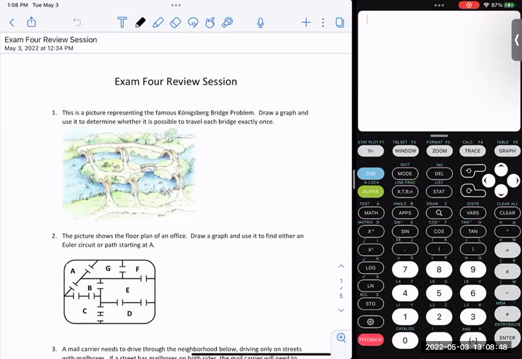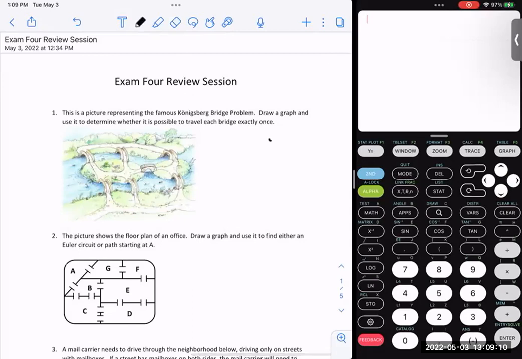So you want to look first at how many land masses I have. I can see on this picture I've got this north shore, this south shore, and then 2 islands as well. So that's a total of 4 land masses. That means that when I draw my graph, I'm going to draw it with 4 vertices.